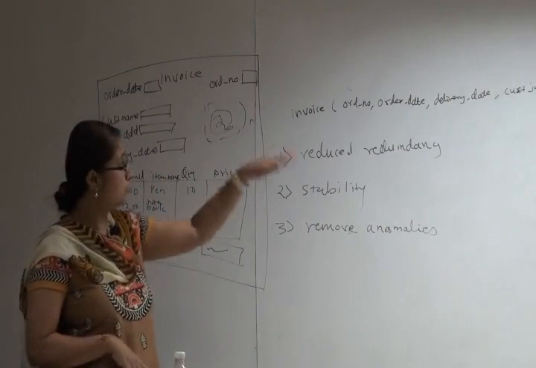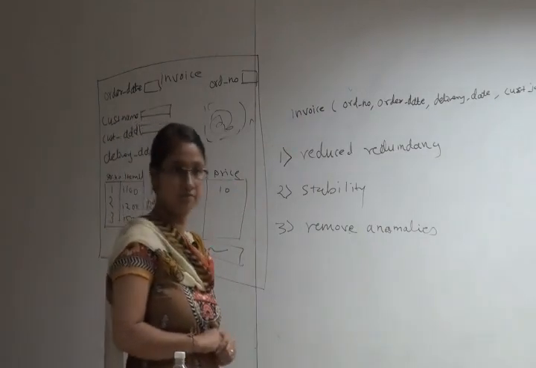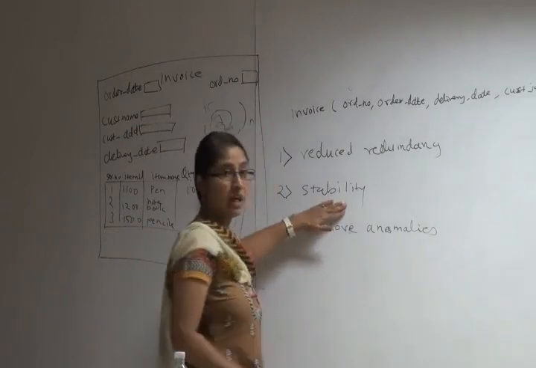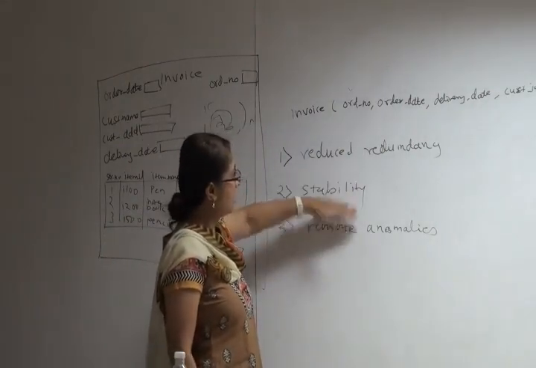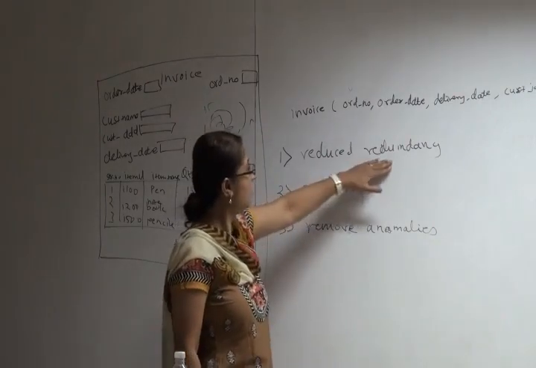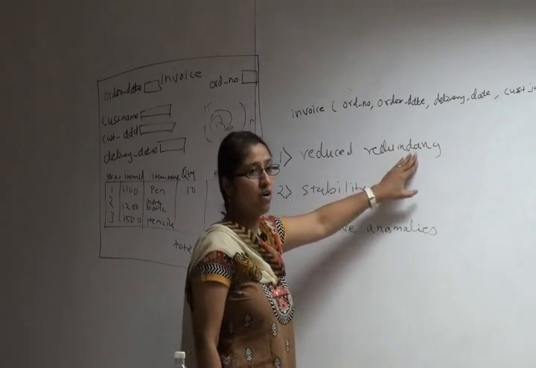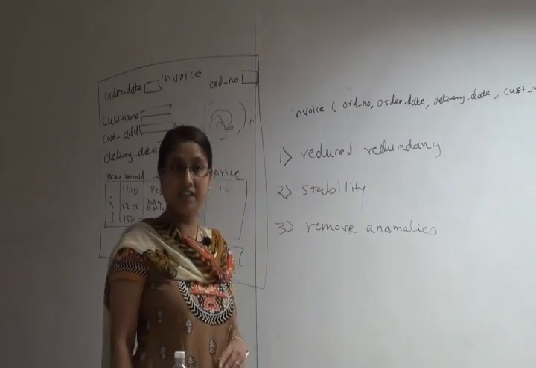First of all, we will have the solution for this problem, that is the stability. When we are going for stability and we are removing the anomalies, are we reducing the redundancy or not? That we will see. So how is it done?